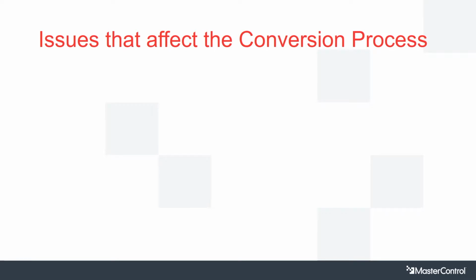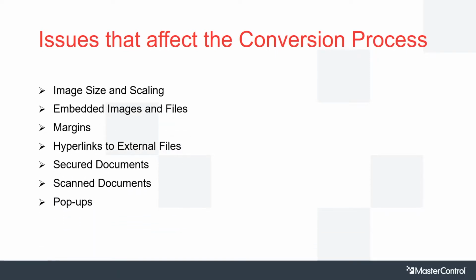So the first one we have, and we're going to talk mainly about the conversion process. The conversion process is where you see the majority of the errors because it deals with document content. That modification queue, that second queue on the bottom that Luis talked about, you'll still see some things in there, but usually it's not quite as common. The things that affect the conversion process are your image sizing and scaling.